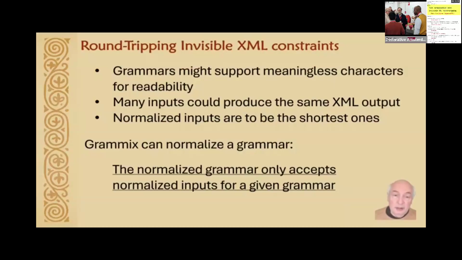Well, it's to be considered, and as I said before, many inputs could produce the same XML output, so one has to be chosen for round-tripping, and the normalized inputs, the result from round-tripping, should be the shortest ones.